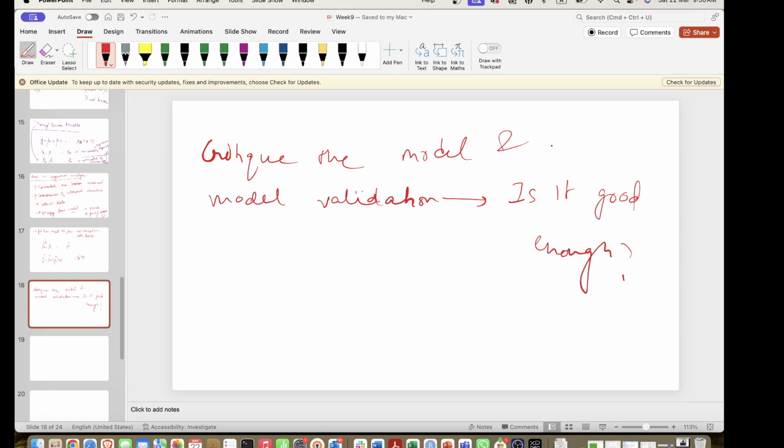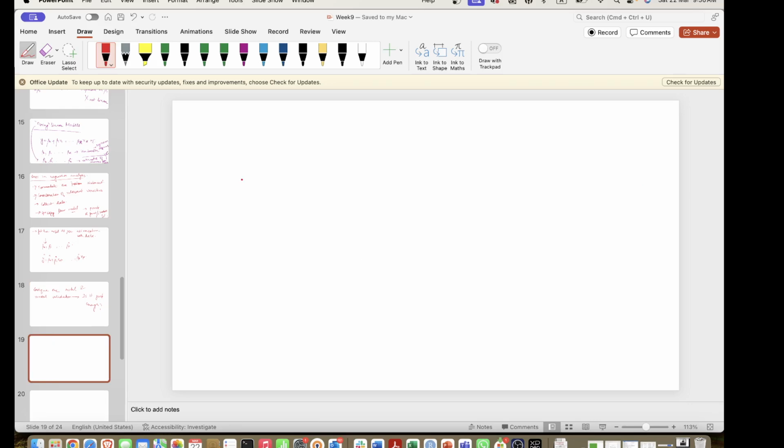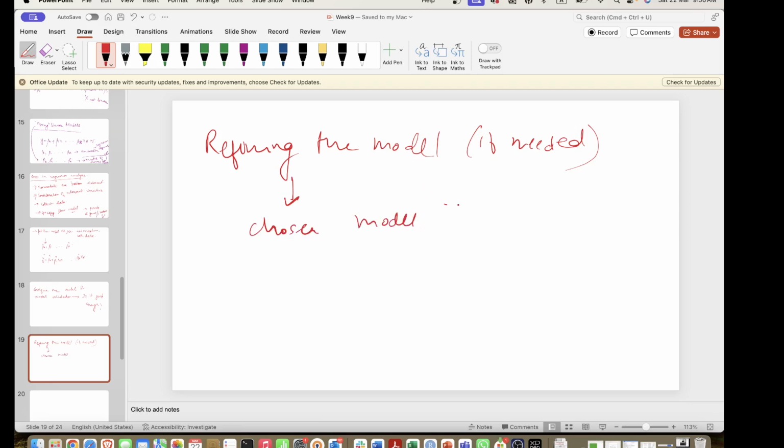Okay, so then once we have criticized the model, we know what is good or what works, what doesn't work, then comes the process of refining the model if needed, based on the results of the model validation, and then this would be the chosen model, and that would finally be used for prediction or forecasting.